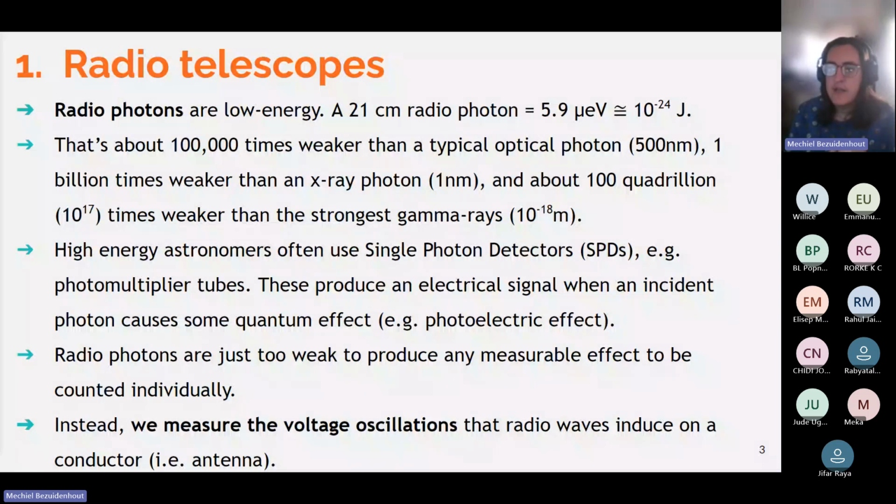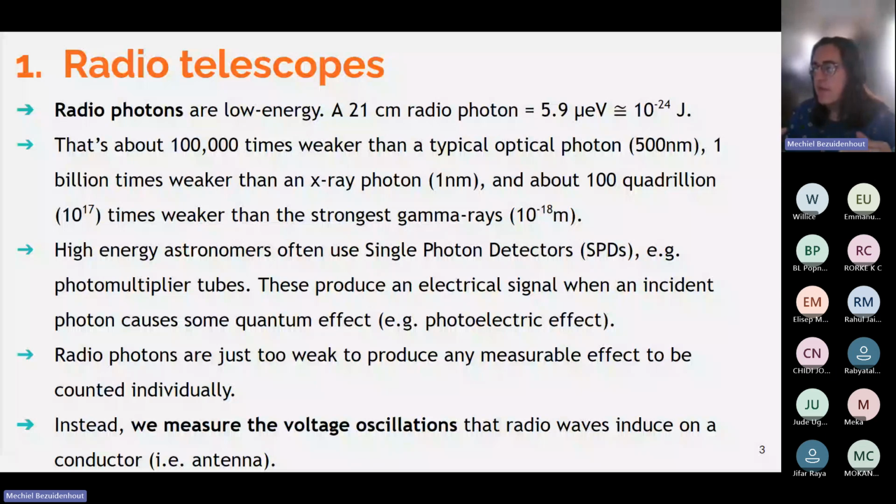But radio photons are just too weak to produce any of those kinds of effects that would allow us to count them individually. So we can't count radio photons, but the advantage that we have is that there are a lot of radio photons. Because they're so low energy, it's easy for a source to produce a huge amount of radio photons. And what we can do is to measure the aggregate effect of all of those photons on a conductor, for instance.